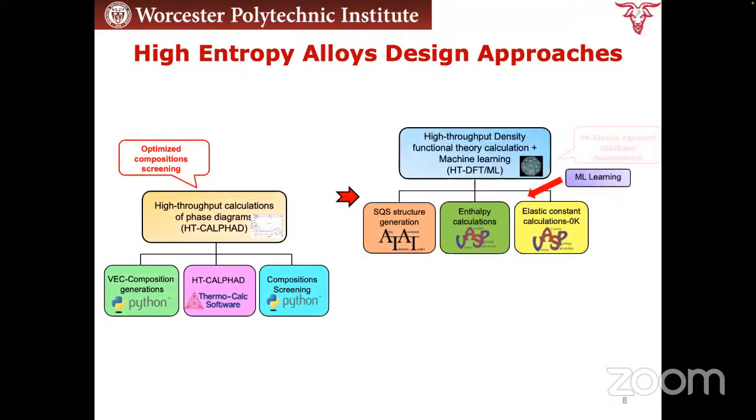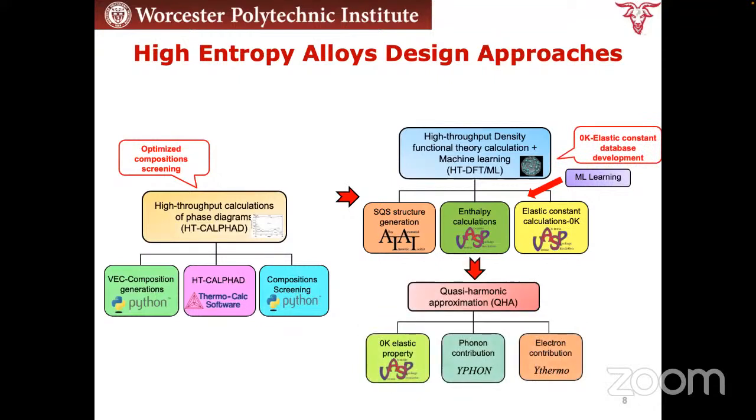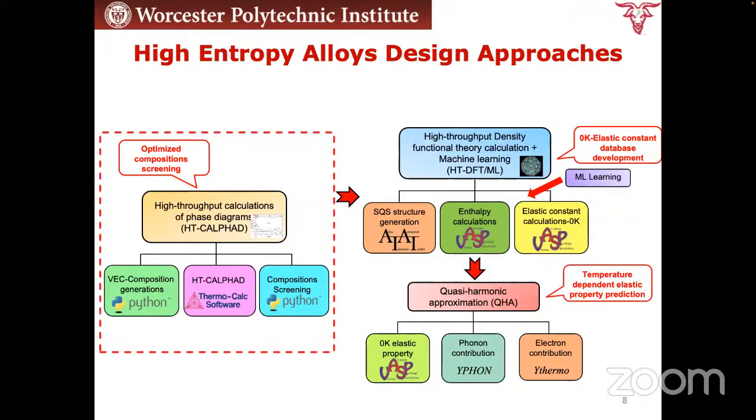At first I will talk about this part, this high throughput CALPHAD calculations. It is about this optimized composition screening, and here will be about the first principle calculations that ChatGPT actually predicted.